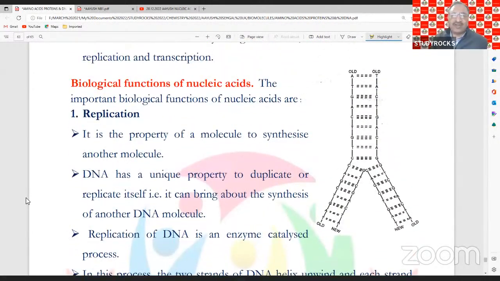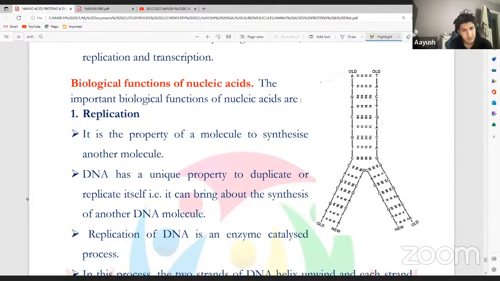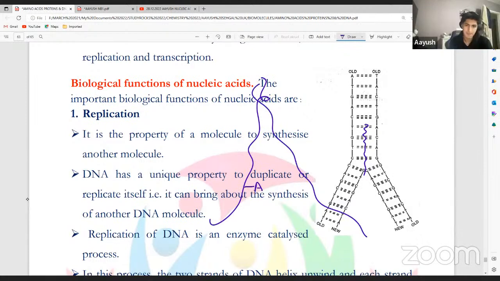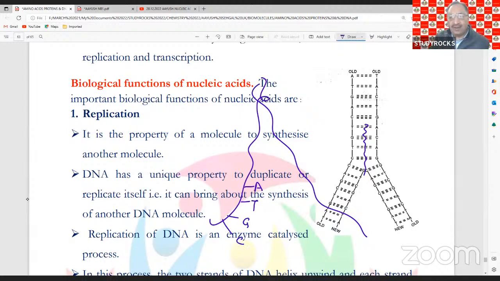This is how the two strands of DNA open up and the bonds between them get broken. This you understand, I think. Adenine, thymine, guanine, cytosine, and on this side there must be thymine, adenine, cytosine, guanine.